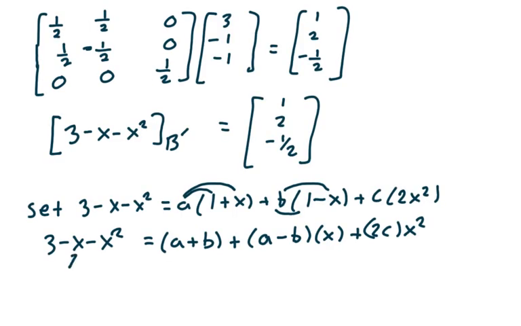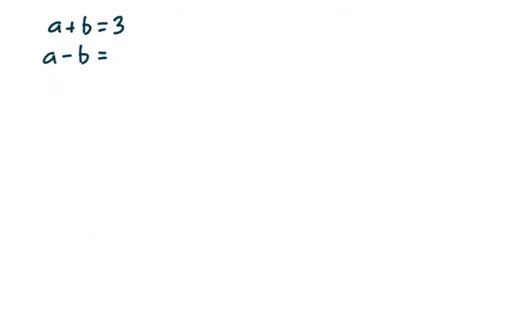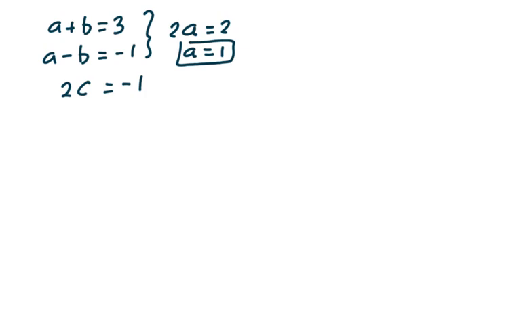From here, I'm going to get a plus b equals 3. A minus b equals, if we go back, the coefficient of x is negative 1. And 2c equals negative 1. And so if we go back to these first two equations, let's add them up. So we get 2a equals 2. A is 1.